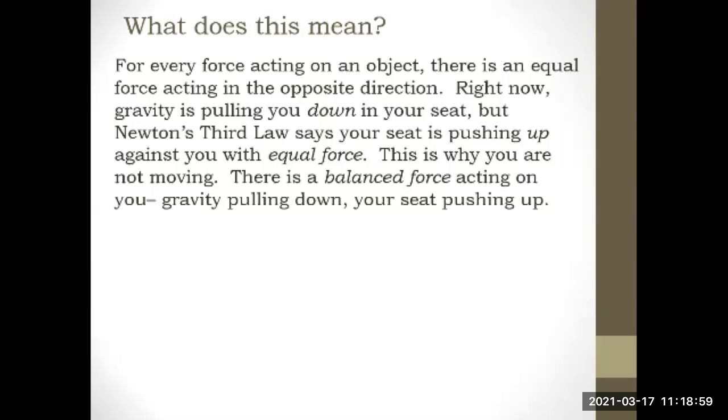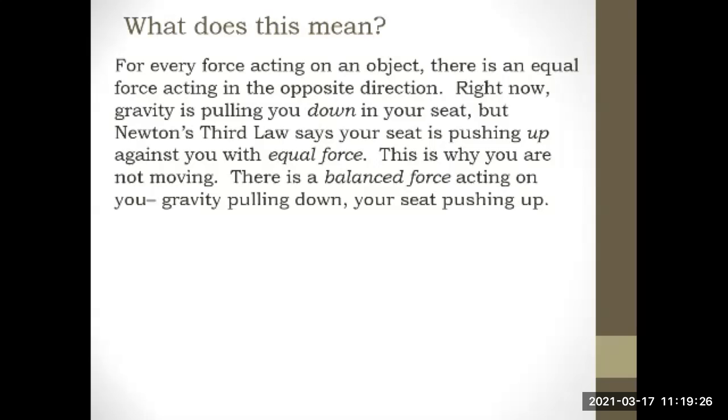If there is a little bit of change in the force, meaning the gravitational force is pulling less and the seat is pushing more, then I will fly. I will not be in the state of rest, right? So there is always, students, for every force an equal and opposite force, for every object an equal force acting in the opposite direction.